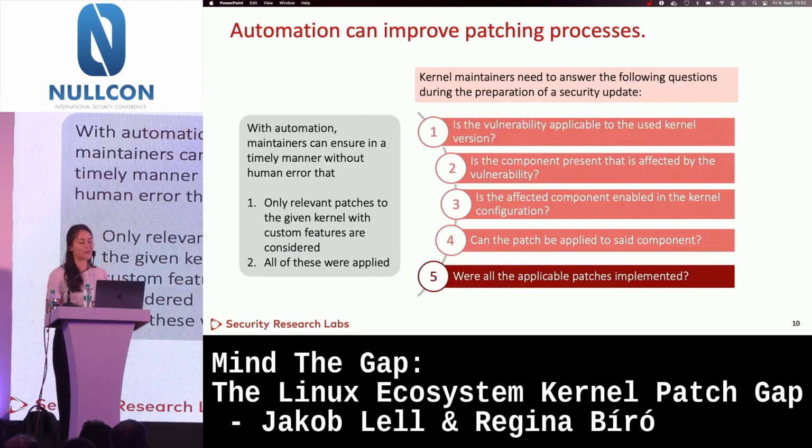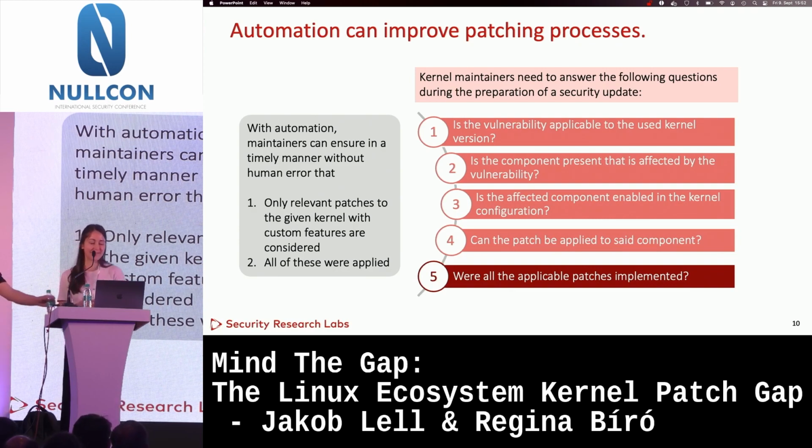Now, as a bit of a lookout, I can already tell you how we envision that automation can improve patching processes. For example, if you're a maintainer, you want to make sure that you only apply the patches that are relevant to the device, so you don't waste your effort on patches that are not exploitable because you don't even have the components affected by the patch. And of course, you want to make sure that you applied all the security patches that are actually relevant to you.